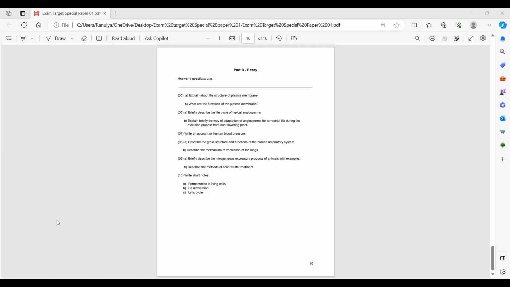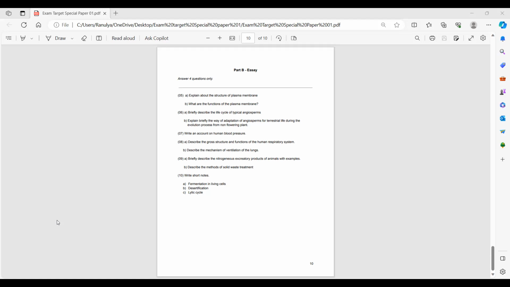Next point, consequences of hypertension are kidney damage, adrenal gland disorders, heart attack, stroke, damaged blood vessels which can cause death.